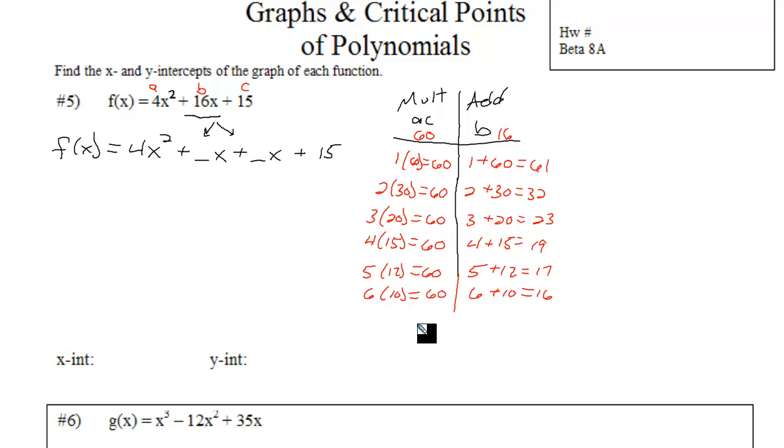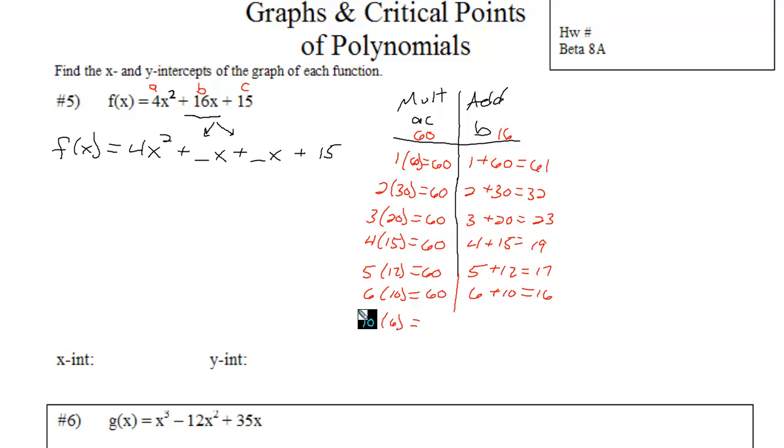Now this one worked. Let me just show you. Let's assume it didn't. 7 doesn't go into it. 8 doesn't go into it. 9 doesn't go into it. 10 does. But look, 10 goes into it 6 times.